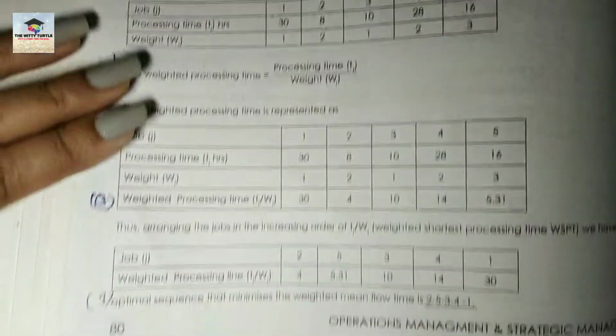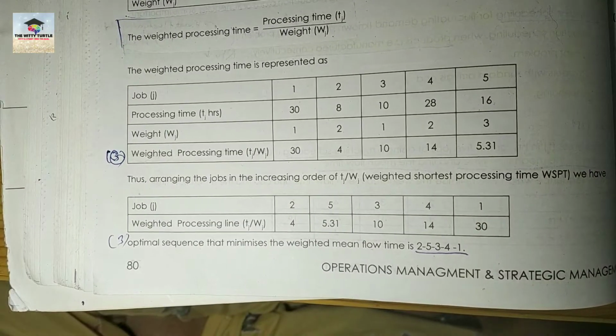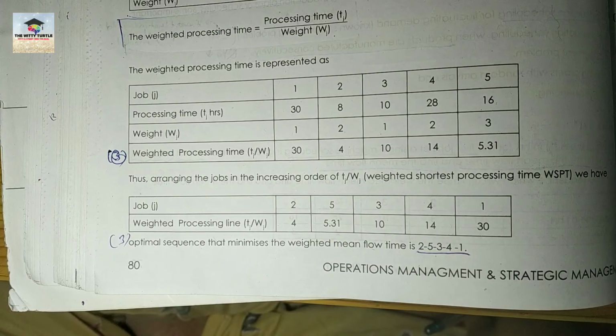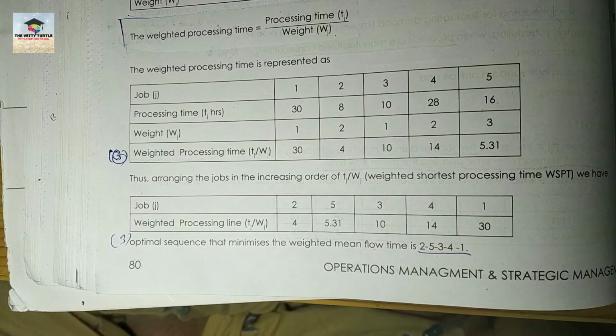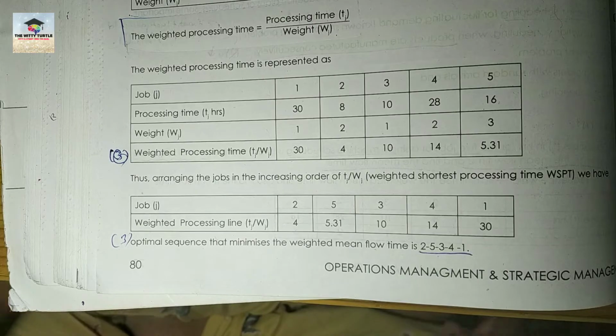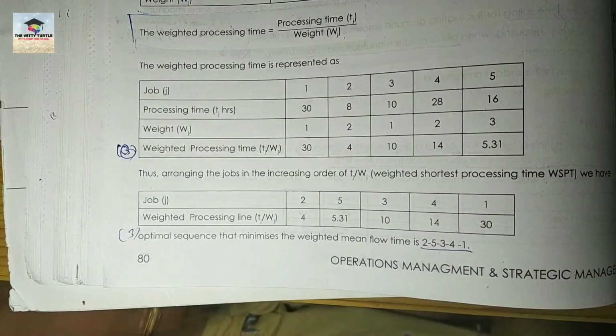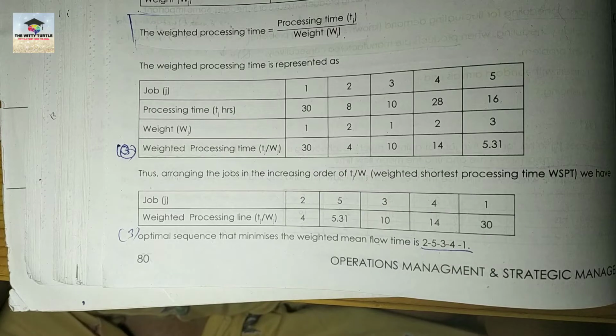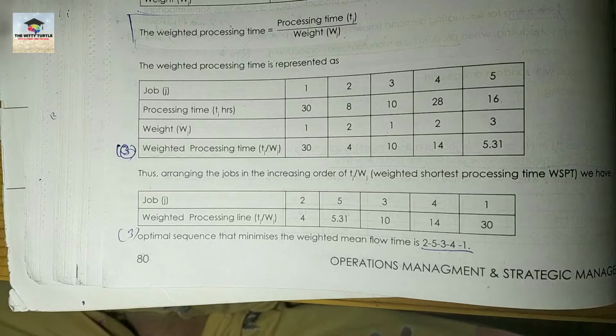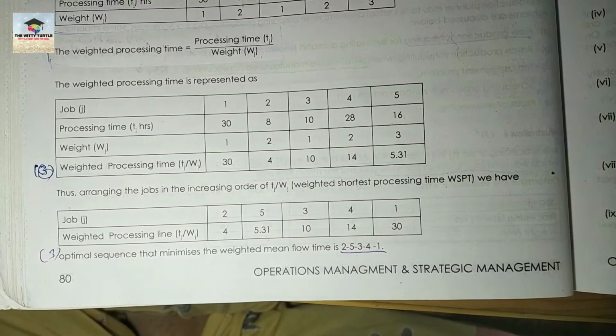Now you can do what? Now you have to find out the optimal sequence that will minimize your weighted mean flow time. What do you need to do? You have to arrange the jobs in the increasing order of weighted processing time, right? In the increasing order of the weighted processing time. So which job will come first?